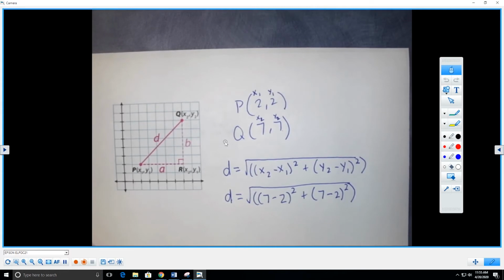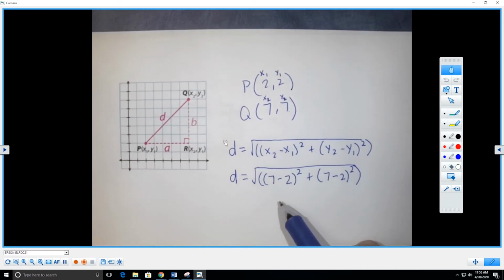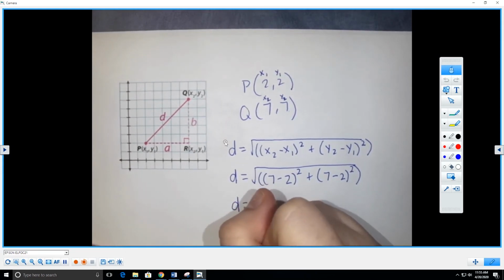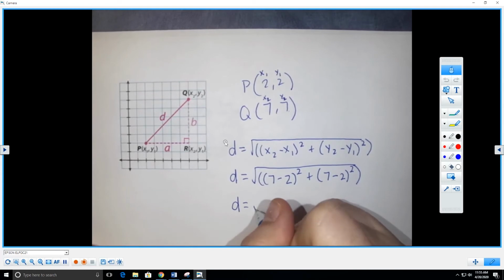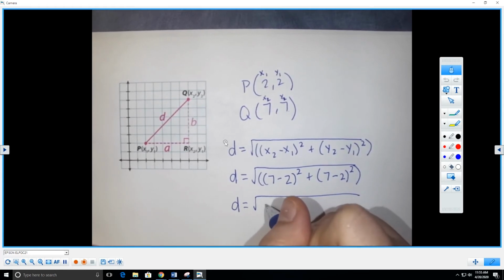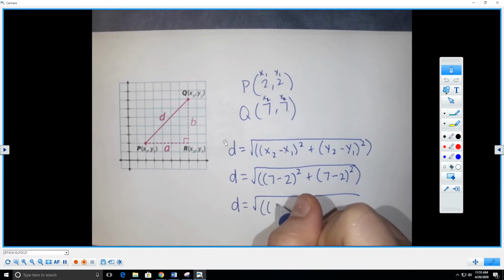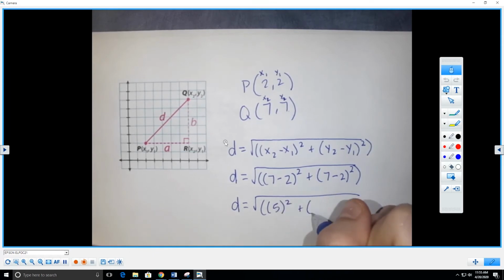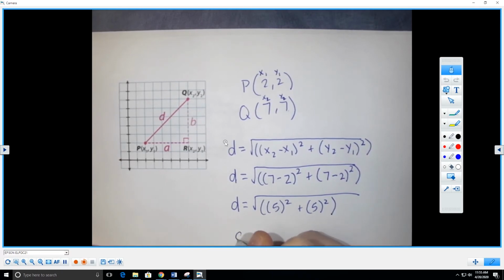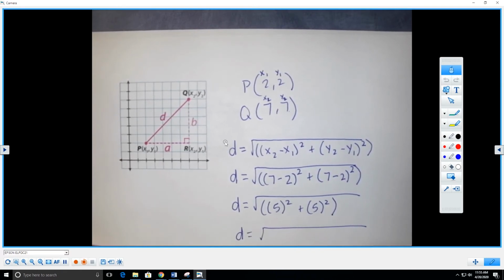Now remember your order of operations. In this case, you're going to subtract before you square because of the grouping symbols. So that is going to simplify to 7 minus 2 is 5. So the square root of 5 squared plus 5 squared, which is going to be the square root of 25 plus 25.